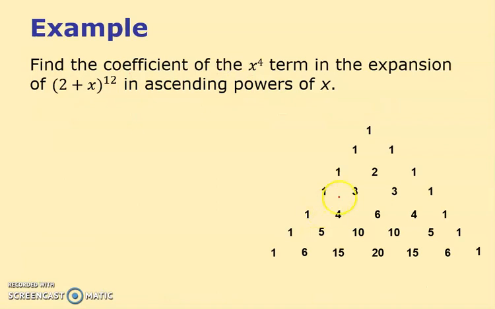Find the coefficient of x to the 4 term in this expansion. Oh, right. Now, this is a specific term it wants. It's in the expansion. Well, for a start, my Pascal's triangle there doesn't go down far enough. So, because I want this number, I want 12C4.